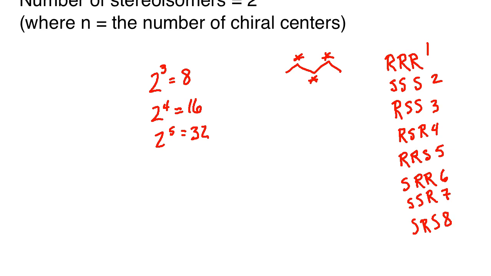Okay, so those are all the possibilities. You can see some of them have 2 S's, some have 2 R's, some have all 3 R's or S's, and we're assuming that this is stereocenter 1, 2, and 3 as we go along here, and we have the different varieties.